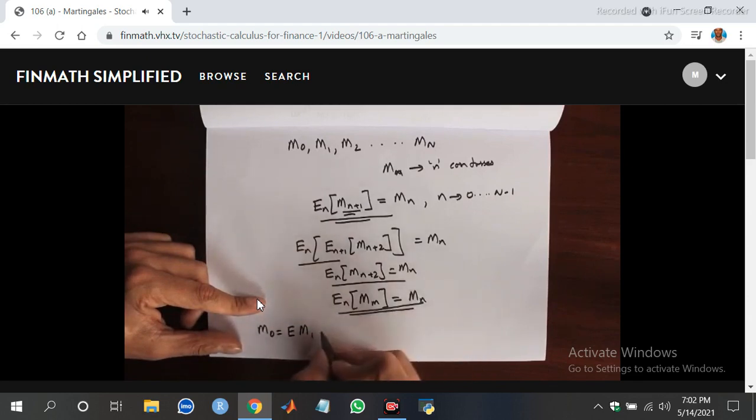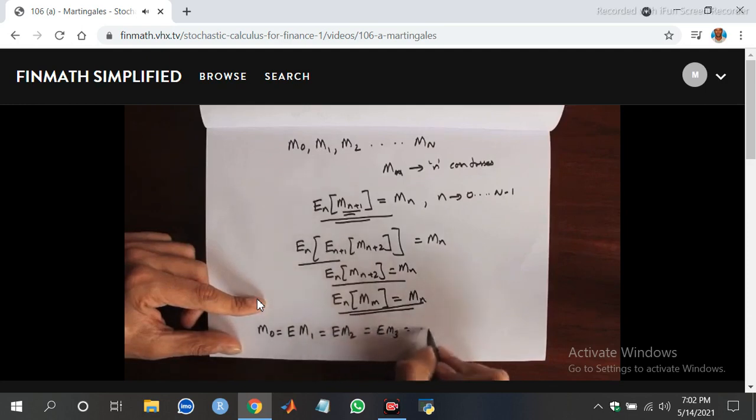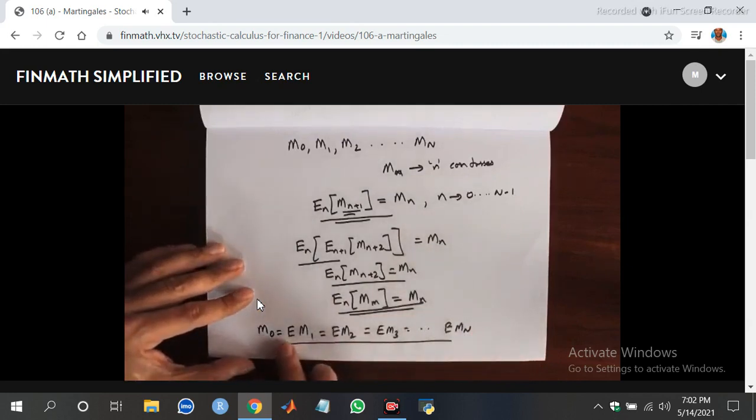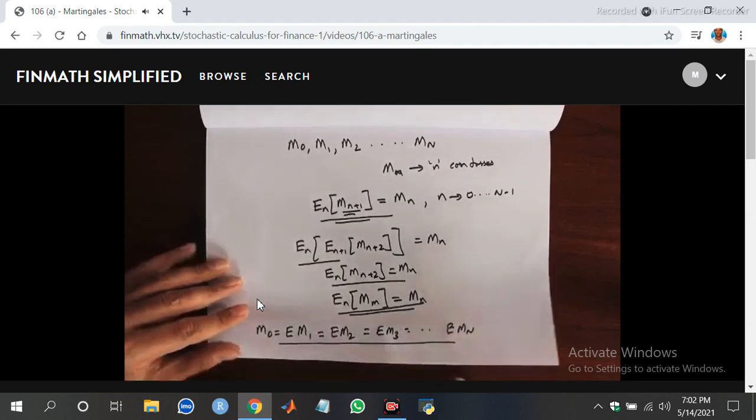From the multi-step ahead property I can also write the expectation of M2, the expectation of M3, up to the expectation of MN. So for a martingale process the expectation remains constant as we go forward; the expectation doesn't change.